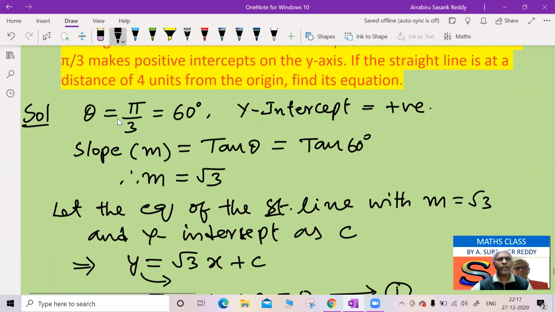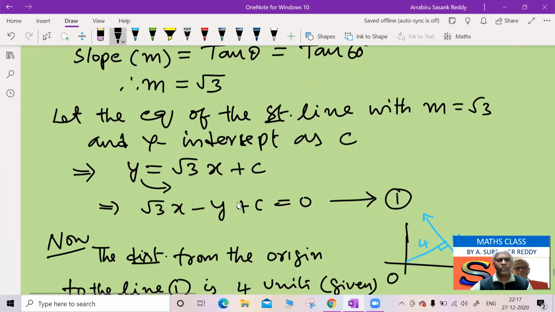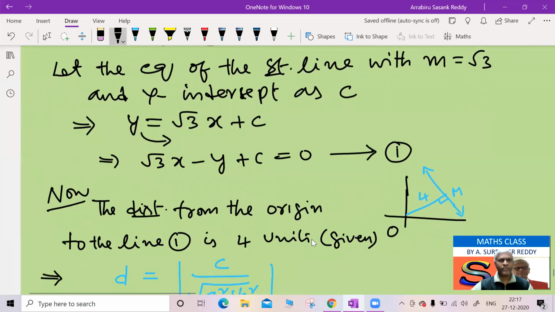So from the angle we can calculate the slope. Using slope intercept form y is equal to mx plus c, y intercept is positive. Here m value is root 3.